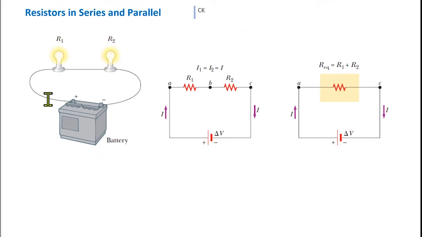So the current has to go through this one and then this one. So the arrangement is like this, two resistors. But resistance is directly proportional to the total length, so you will just add these two. It's the same thing as this thing just connected together. So you would think your R equivalent is equal to R1 plus R2. And in fact, that's exactly what it is.